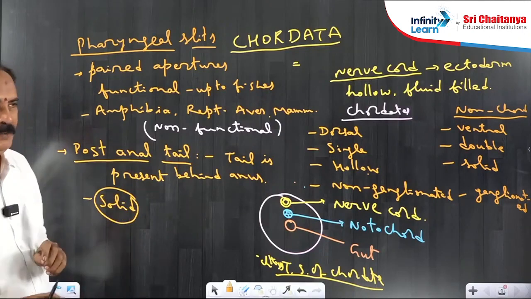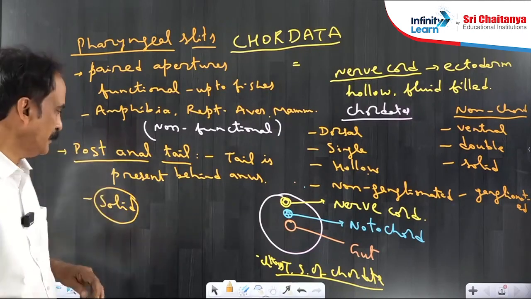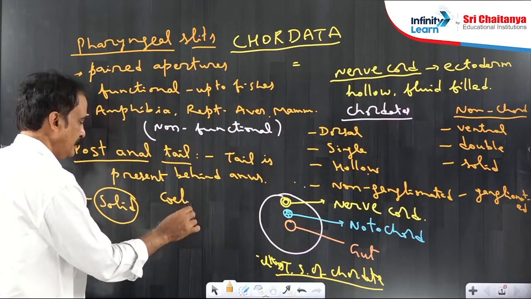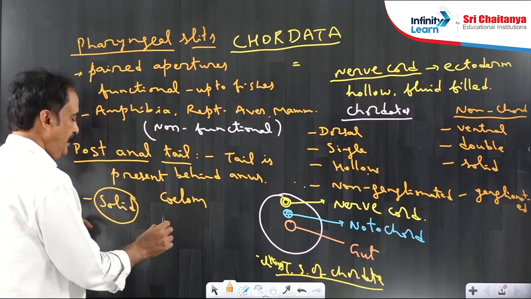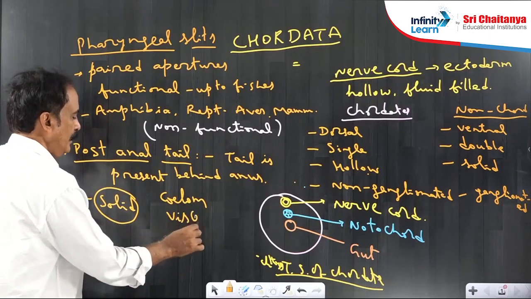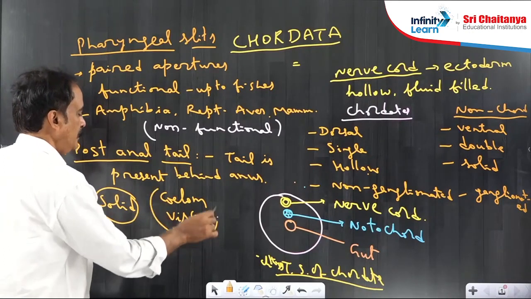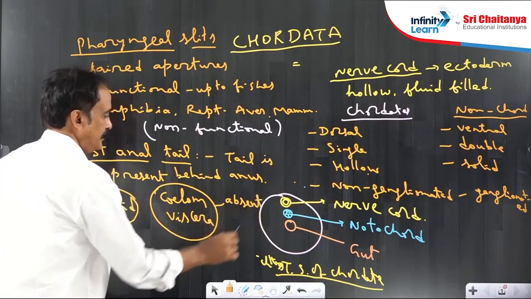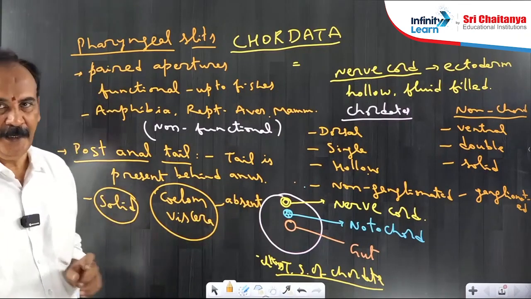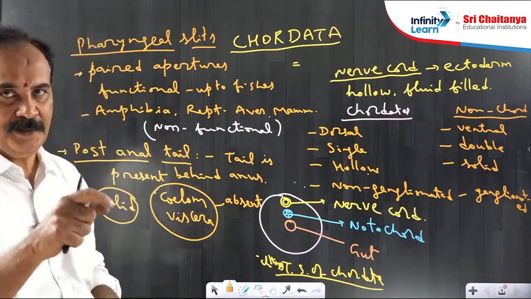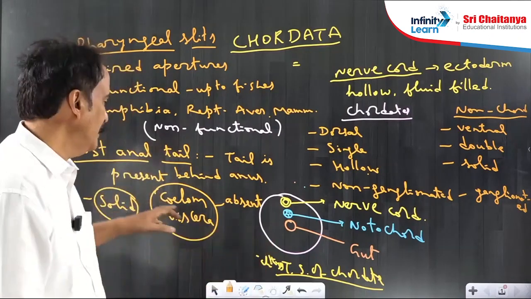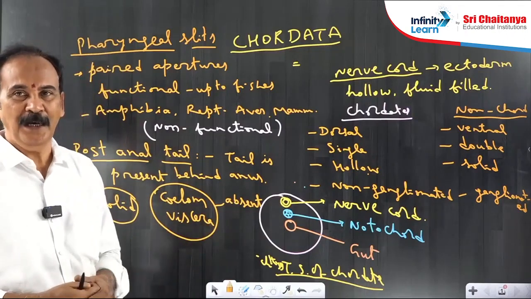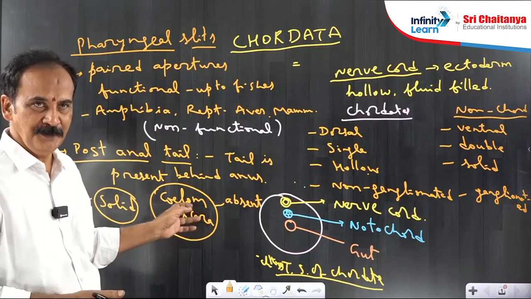Okay, the tail in chordates is solid. That means, do you find coelom present? Coelom is absent, and the tail is without internal structures called viscera. The tail in chordates is a solid structure, that means it doesn't possess any coelom and you don't find any internal organs, the viscera are absent, right?